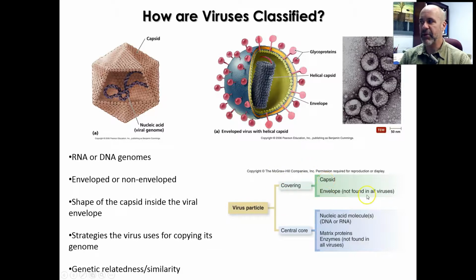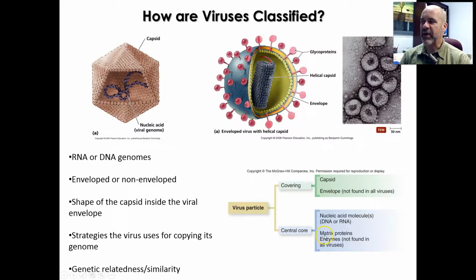Does it have an envelope, or does it just have a capsid? Then you look inside the central core of the virus. You've got the nucleic acid genome, and is it DNA or is it RNA? And notice here you've got molecule with a possibility for pluralization, so some viruses have more than one DNA or RNA molecule inside that central core.